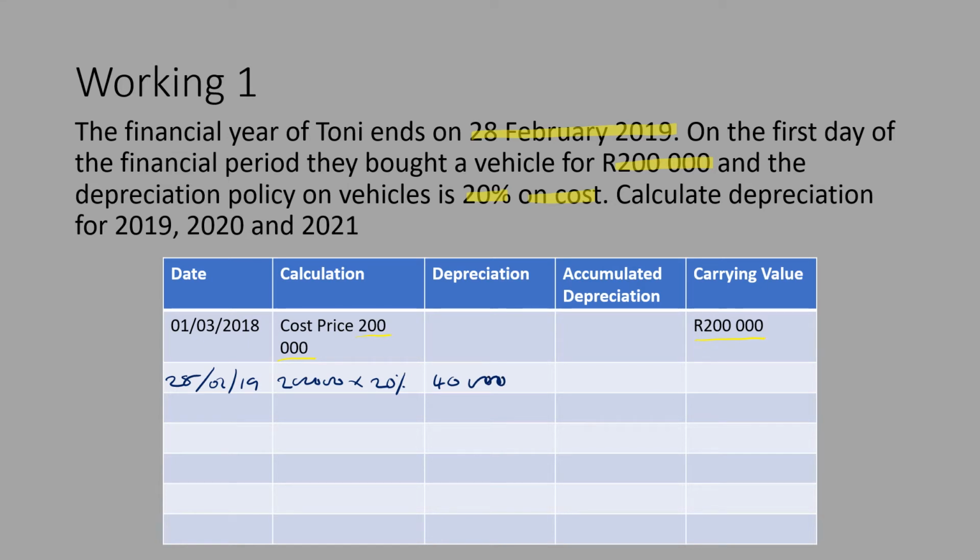Since this is the first time depreciating the asset, accumulated depreciation will be 40,000 as well. Then the carrying value will be the cost price, which is 200,000, minus the accumulated depreciation of 40,000.